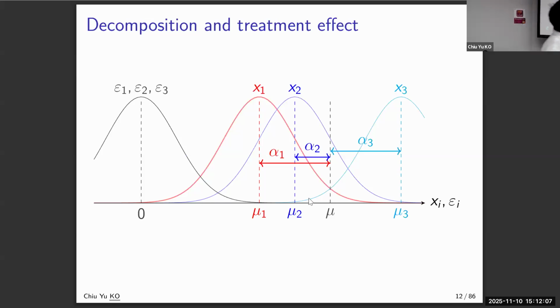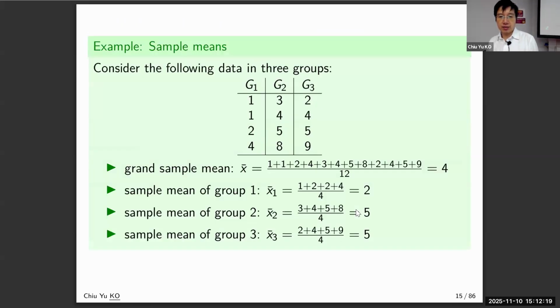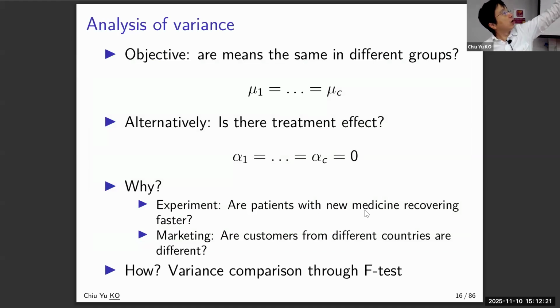Look at the overall mean, and look at the left-hand side and right-hand side of the alphas. ANOVA will be asking, at the end, whether all the mu are the same, or the treatment effects are zero. That is the main goal of what we're going to do today.